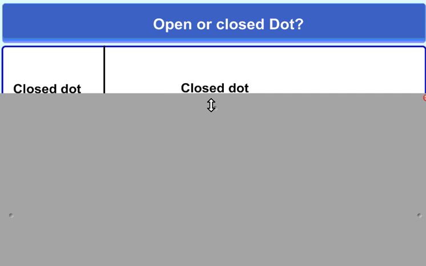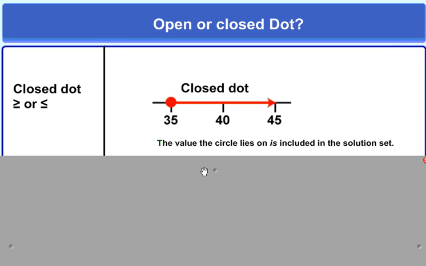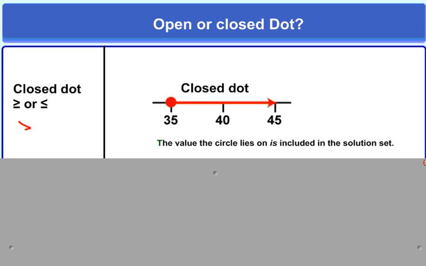On your notes page, you'll see open or closed dot, and the closed dot will happen when we have these 2 symbols, when we have the greater than or equal to symbol and the less than or equal to symbol. Because we have that extra line that means equal to, this example is x is greater than or equal to 35.